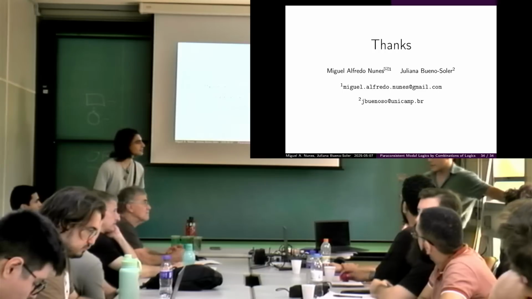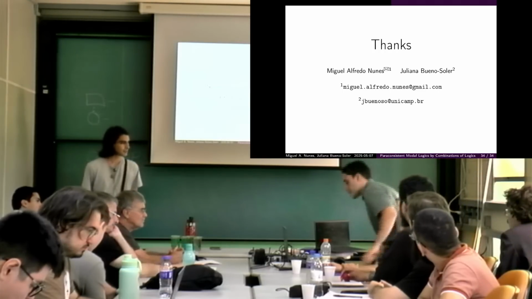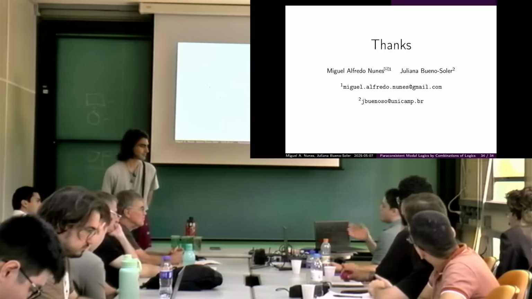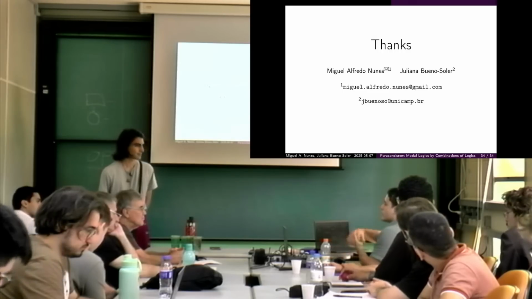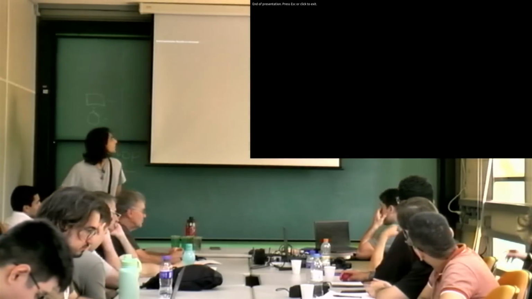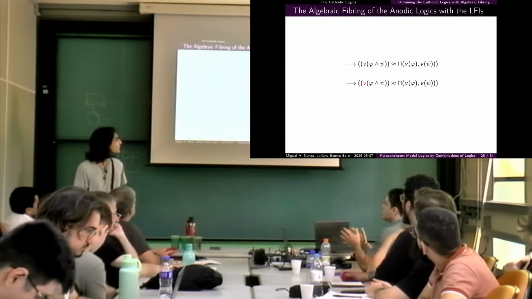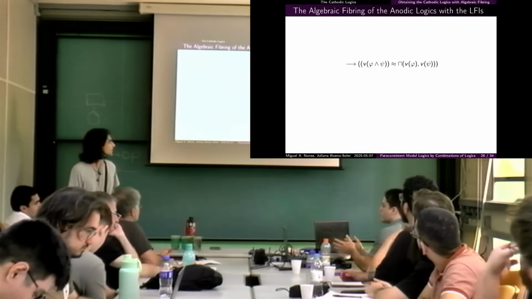Questions? I have one. It's not exactly a question, but something I was curious about. You talked about having to go to a semantics that is different from the mix of both, right? It's CQ. CQ, yes.